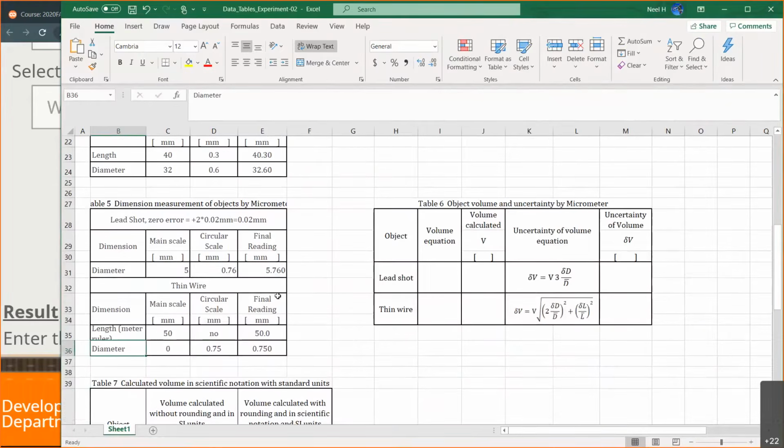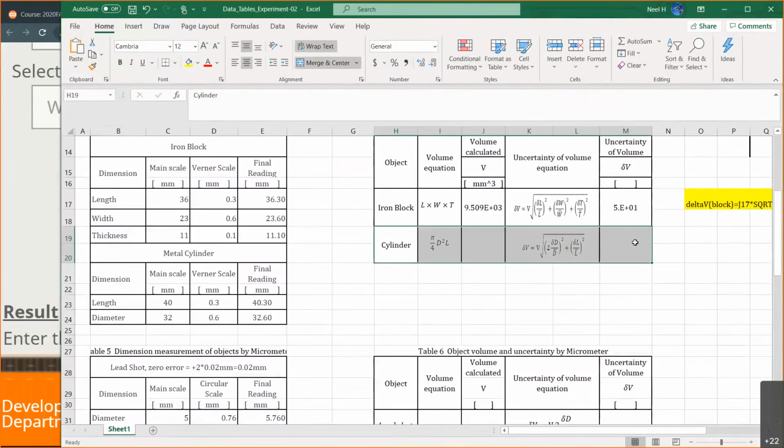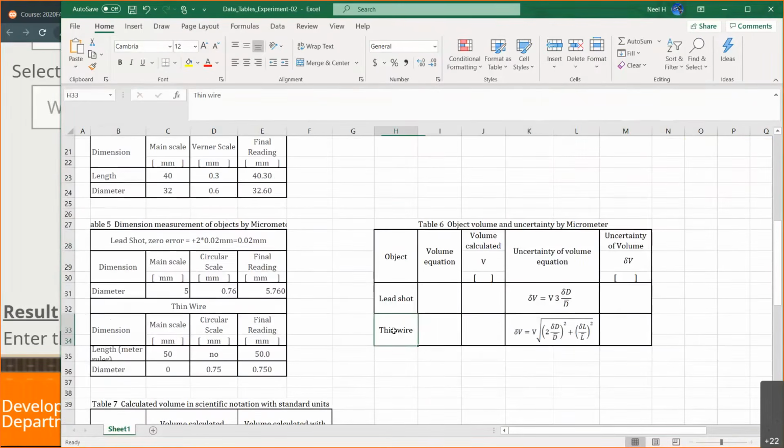One calculation for this one too. There's 2 extra calculations, but you should do some of them yourself. So I skip this part, but make sure all of them are completed for when you do the report next week. Okay. So this one also I'm going to skip the wire, but let's calculate this one for the lead shot.